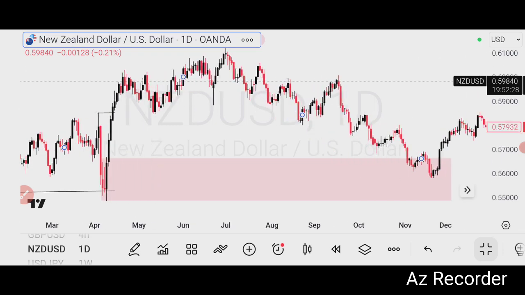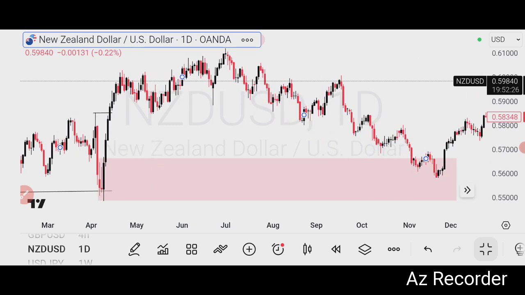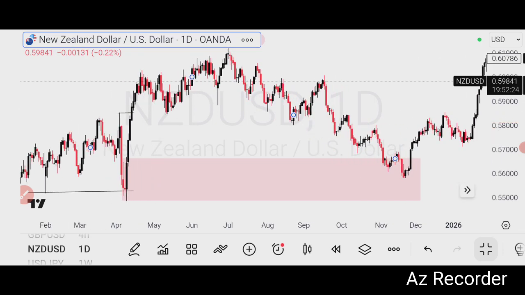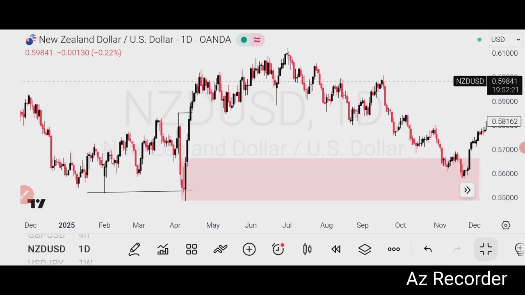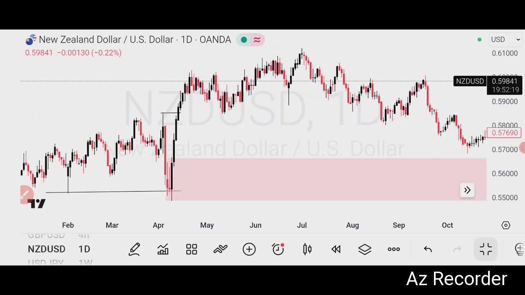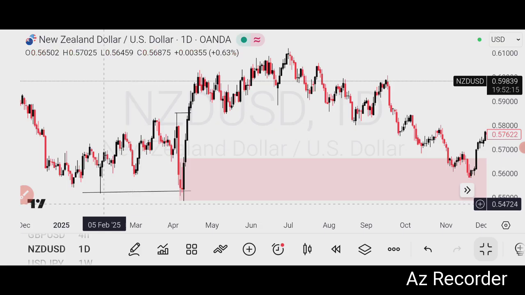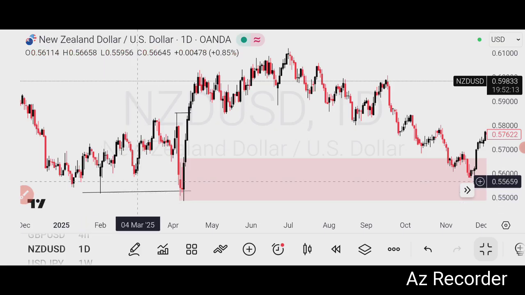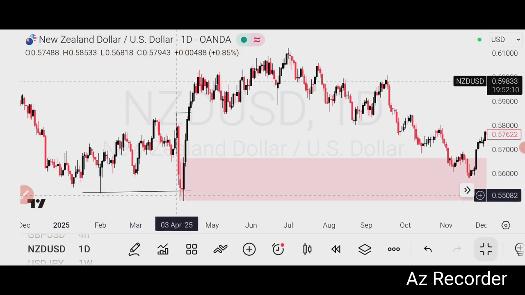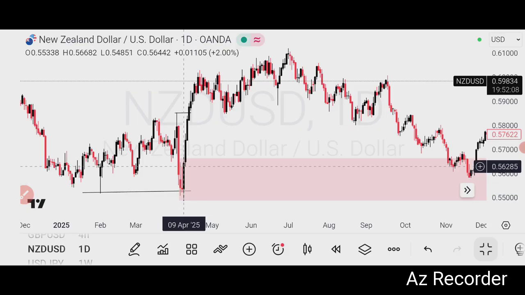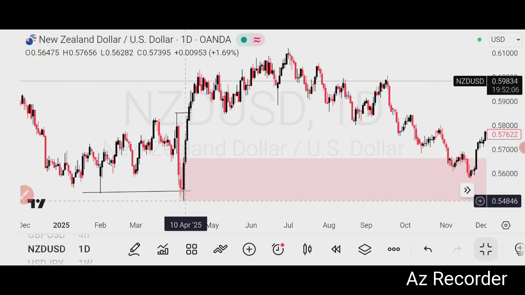Different people have their different ways for marking out order block, but for me, the way I mark out order block is simply the candle that swept this low, that particular candle on that time frame that caused this sweep, or the last two red candles, or the last candle. So it depends. For this one, I'm taking the last two candles and also the candle that swept this one.